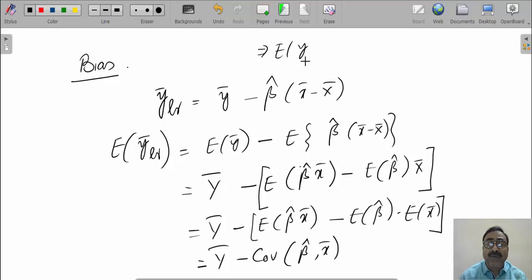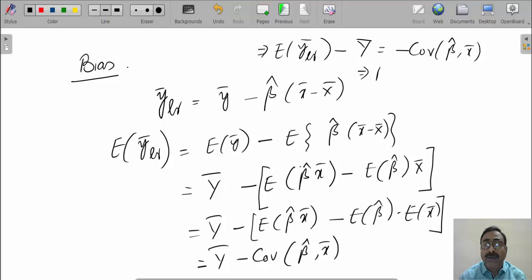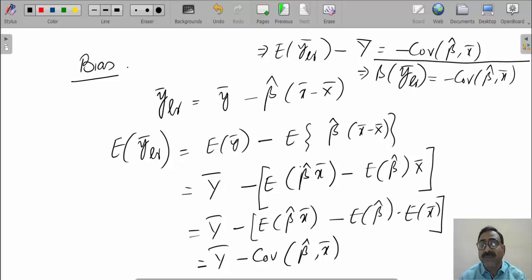Expectation of ȳ_LR minus Ȳ equals minus covariance of β cap, x̄. So the bias of ȳ_LR equals minus covariance of β cap, x̄. This is the bias of the regression estimator.